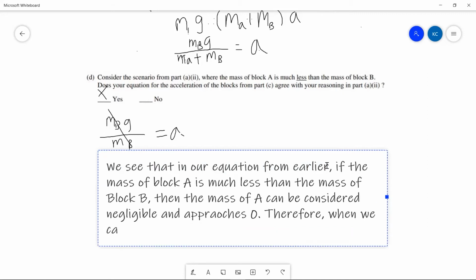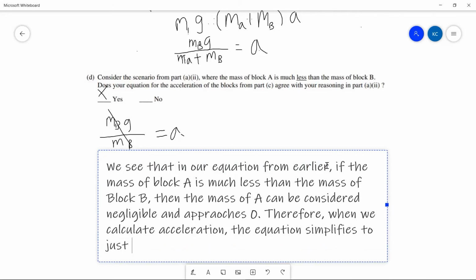Therefore, when we calculate acceleration, the equation simplifies to just G. This is what we predicted earlier.